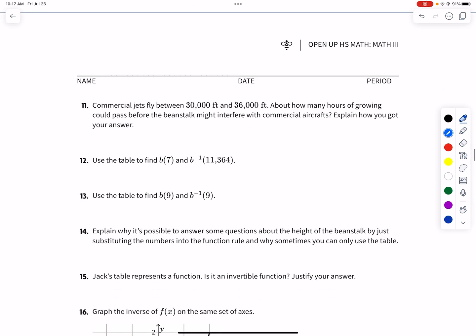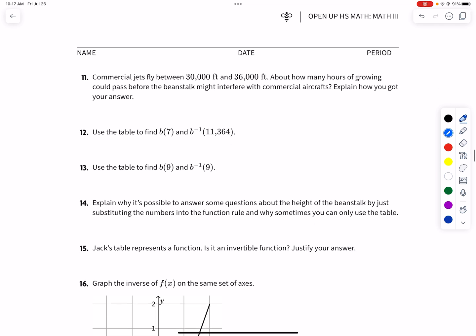Okay. Next, commercial jets. So at this point, we don't have a way of going backwards properly. We're getting at what are called logarithms, which is a way of inverting exponent functions. So what we're going to have to do is, let's see, 3 to the 8th just off the table.